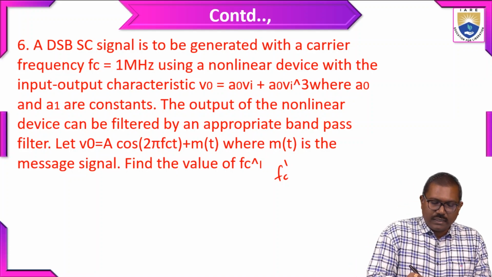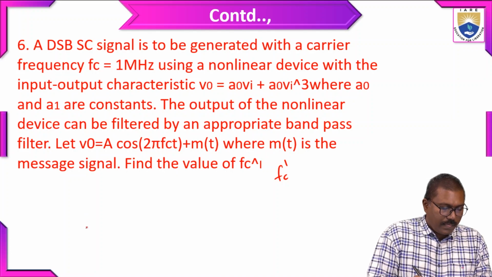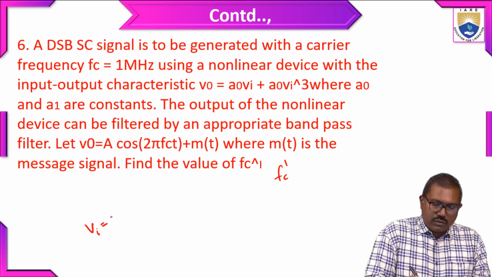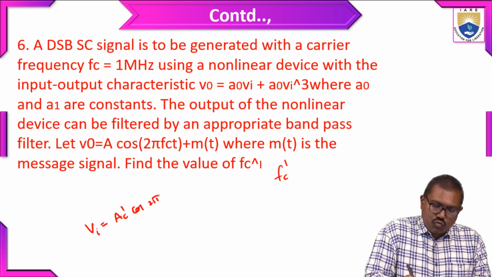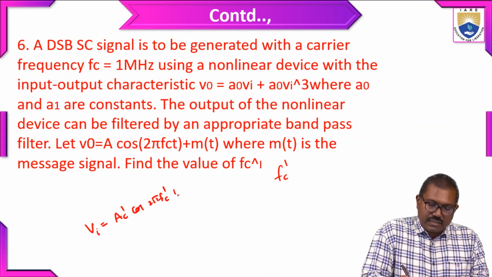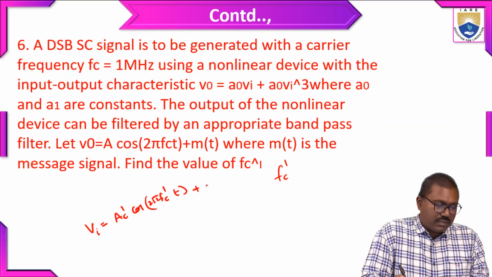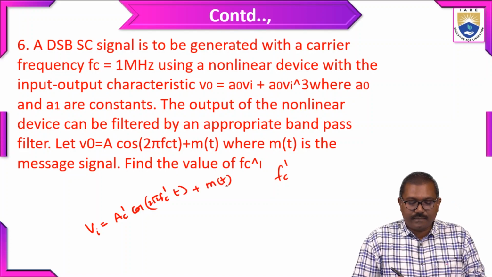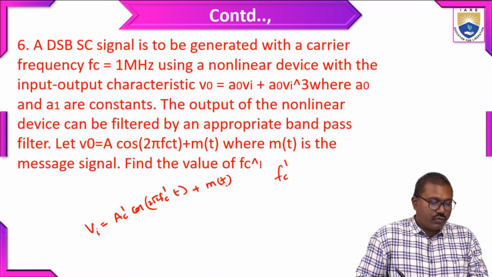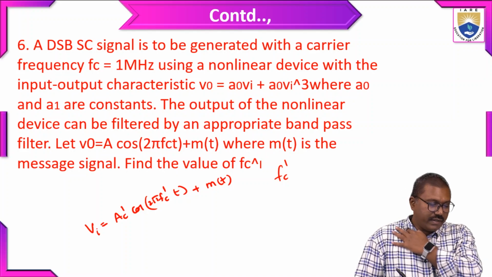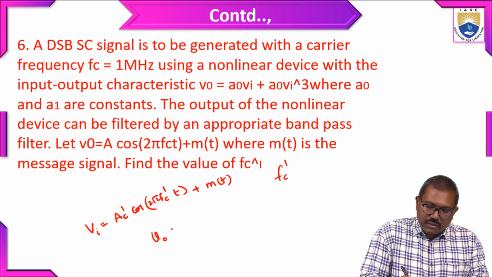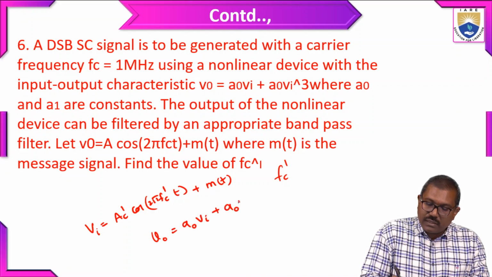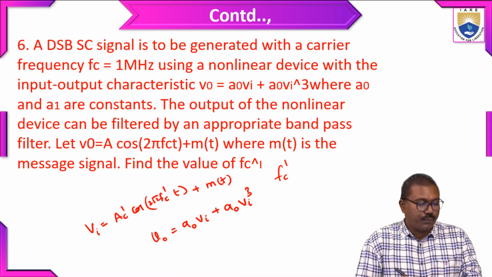Okay, so here, let Vi is equal to Ac dash cos 2 pi fc dash t plus m of t, where m of t is the message signal. So what they have given? V0 is equal to a0 Vi plus a1 Vi cube.